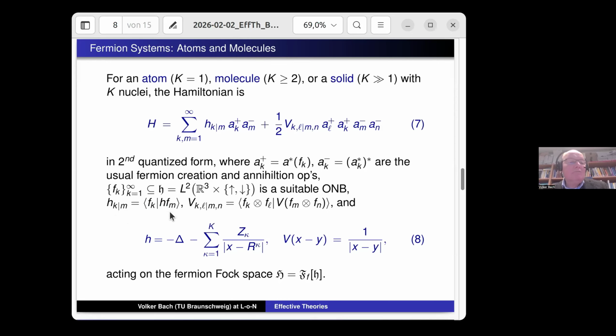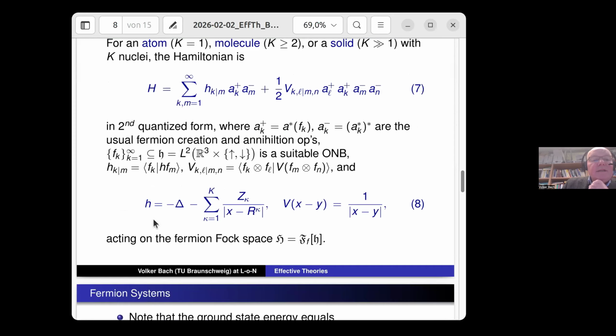These orbitals are suitable orthonormal bases. Think of eigenfunctions of the harmonic oscillator, for instance. And V_klmn are the matrix elements of the interaction potential V, not the one-body part of the potential.